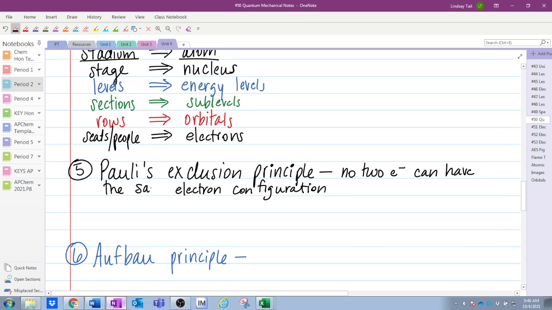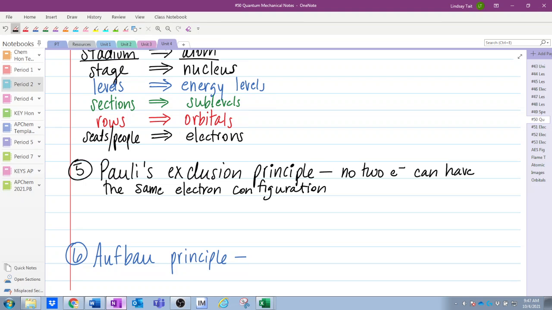This usually isn't a problem because we've got a really good system with our stadium. We've got our sublevel names. We can even name our rows with the X, Y, Z. Where it usually comes down to are the seats in the same row. How do we differentiate between the two electrons that both go into the same sphere? Or the two electrons that both go into the same dumbbell? We need to have a way to differentiate between them.